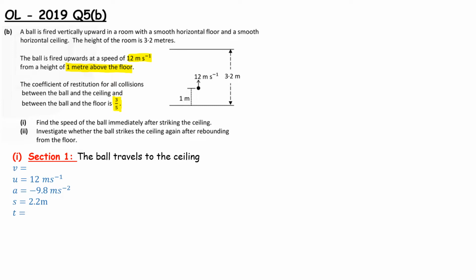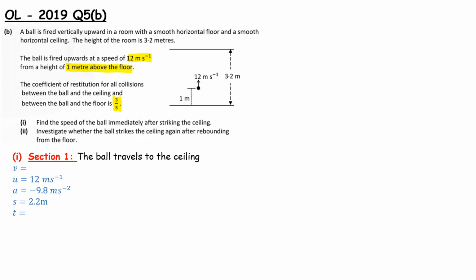Our initial velocity is 12 meters per second. I'm taking upwards as positive, so acceleration, which is gravity, is working against us. I know that for ordinary level questions we take gravity as 10, but since we're moving towards higher level, I'm going to keep it as minus 9.8. It has to travel a distance of 2.2 meters, because it's already a meter in the air.